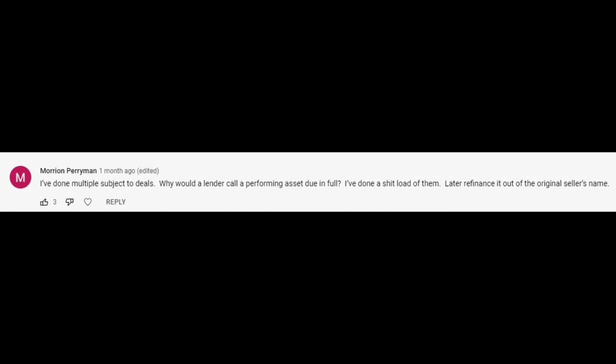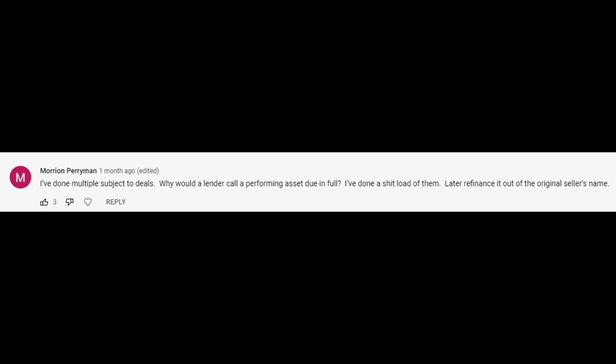When interest rates rise, why would they want to accelerate a loan if it's at 10% when interest rates have fallen and they're at 2%? They wouldn't. They'd rather just keep collecting the 10% rather than require that to be paid off, because then they would have to loan it back out at 2%.